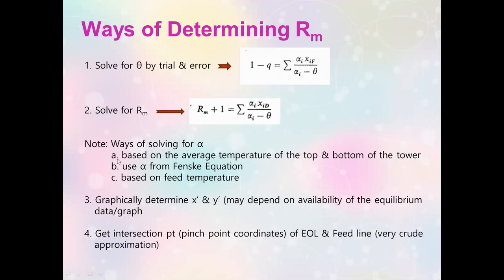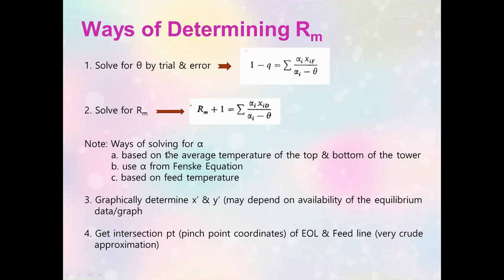So if you want to find alpha using this one, then you can use this particular procedure. You get the temperature of the top and the bottom of the tower based on the mole fractions and average it. Then you get the pure vapor pressures. Of course, after the pure vapor pressures, you will be able to get the relative volatility.